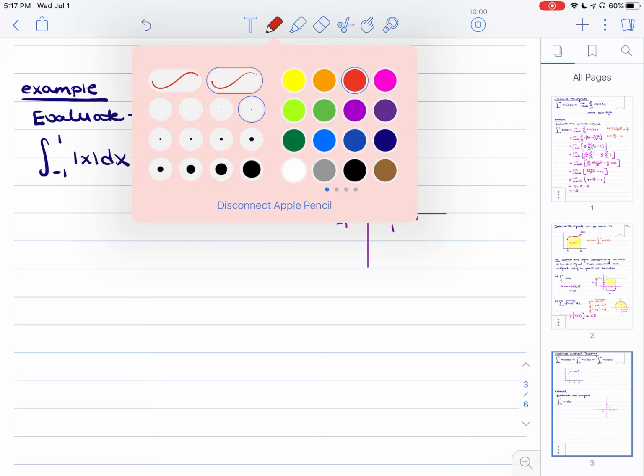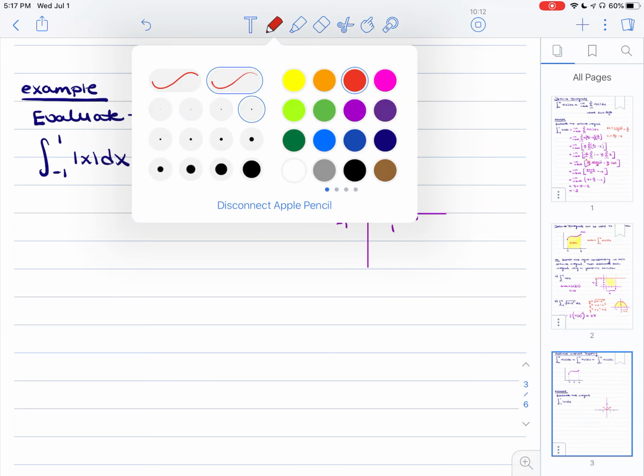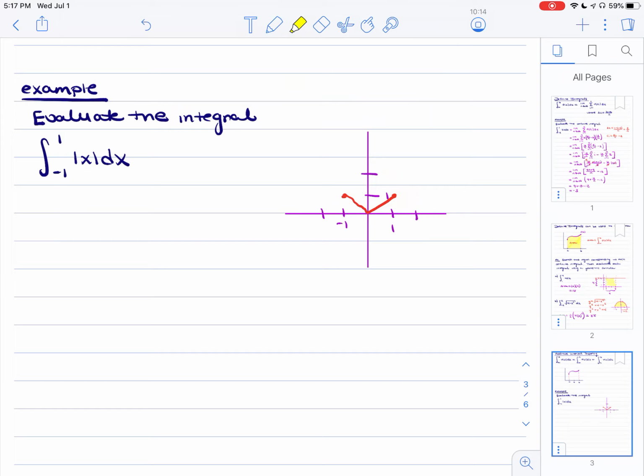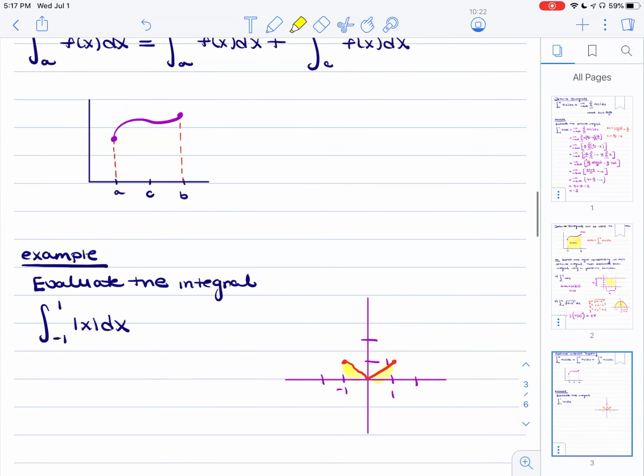Okay, so the absolute value function, of course, is a nice V shape, looking something like that. We're only focusing on this interval from -1 to 1, so we're going to be looking for this area right in here. The reason we care about this additive property is because we can split this up into two different triangles.